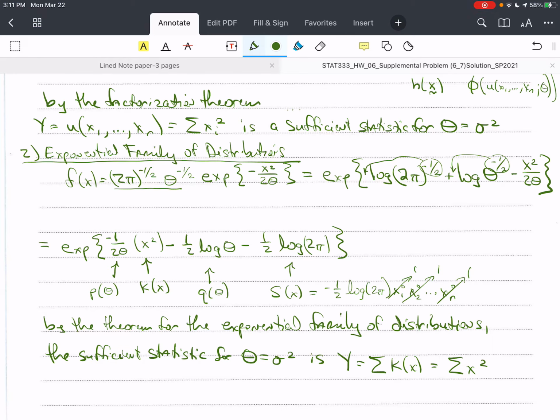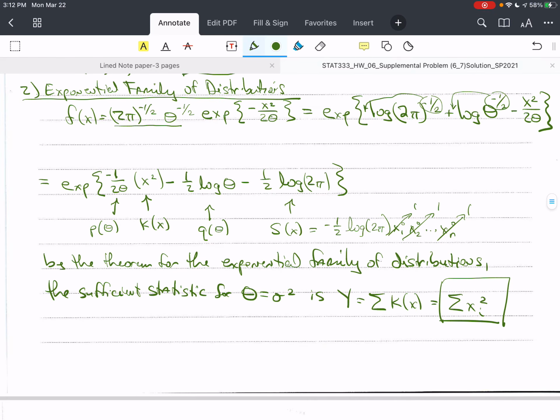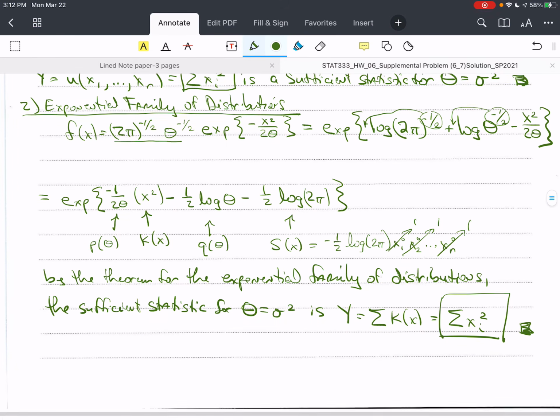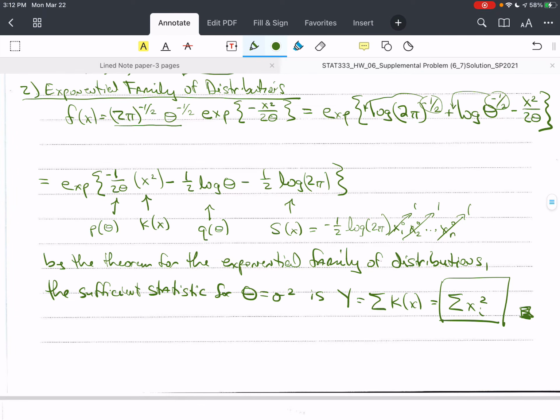Okay? And I can put x sub i here. It's fine. So both ways, we end up with y equals the sum of x sub i squared as the sufficient statistic. And this would be here for sigma squared, sum of xi squared.